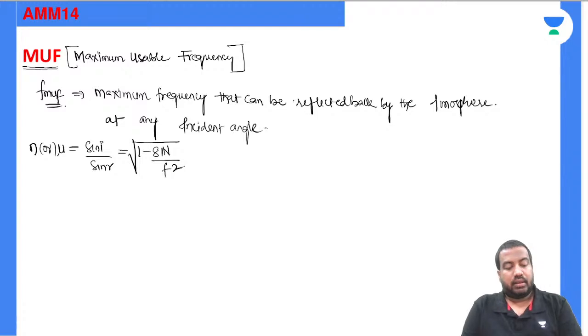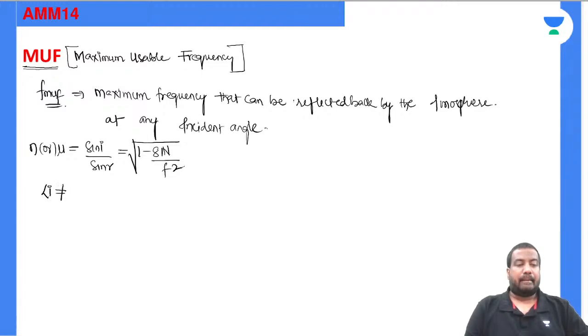Okay, substitute the conditions. Incident angle, any incident angle not equal to 0.